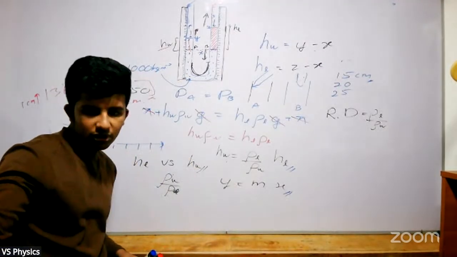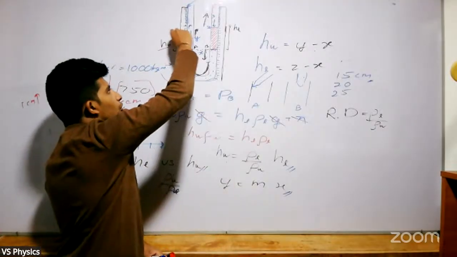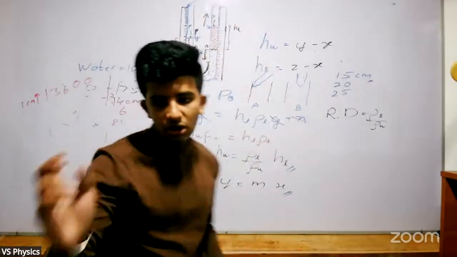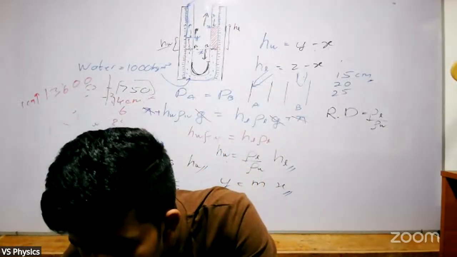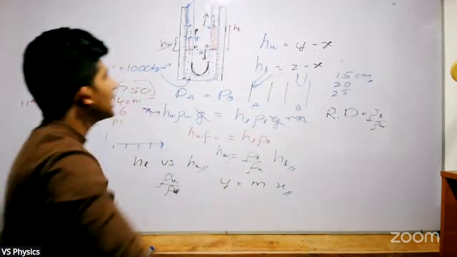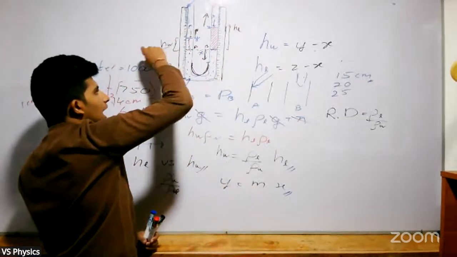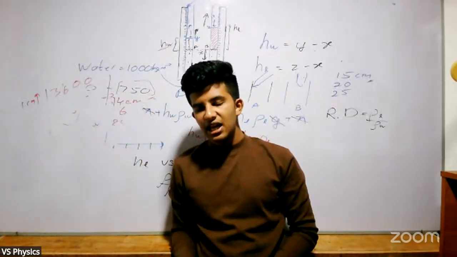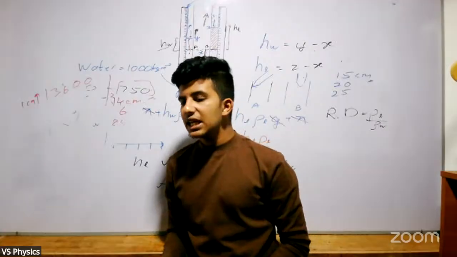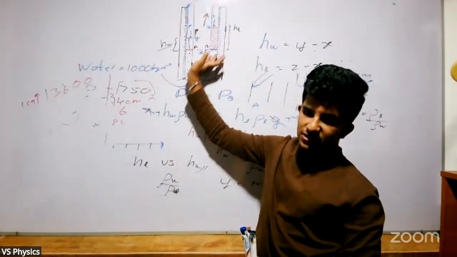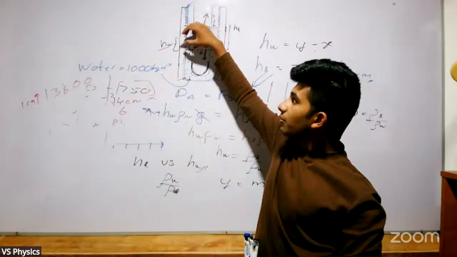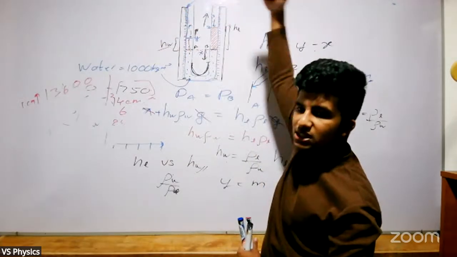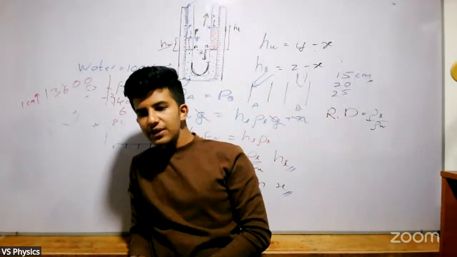Not only the height of the water column, but the oil column and the common interface, all three will increase. They will all rise by the same amount. If the common interface rises 1 cm, the water height and the liquid height also increase by 1 cm.